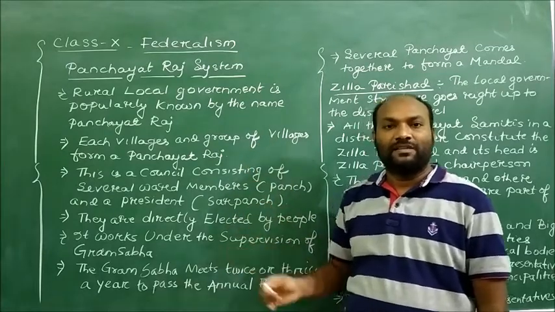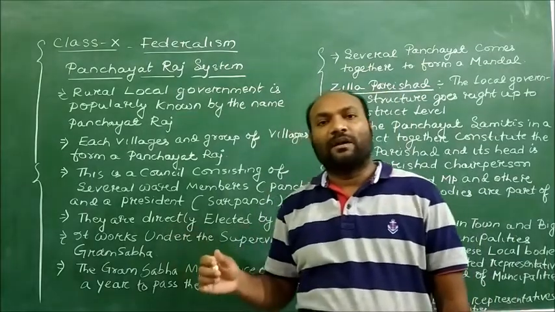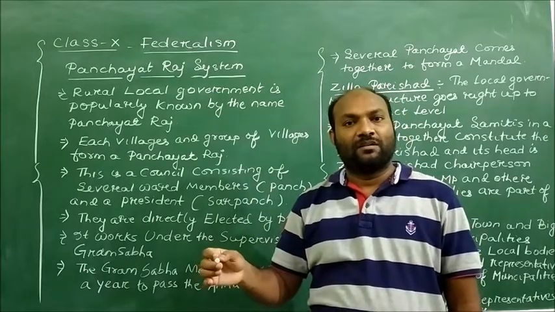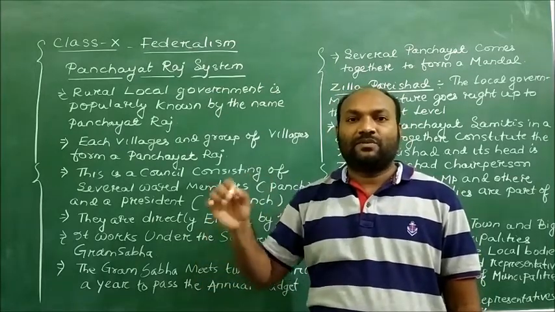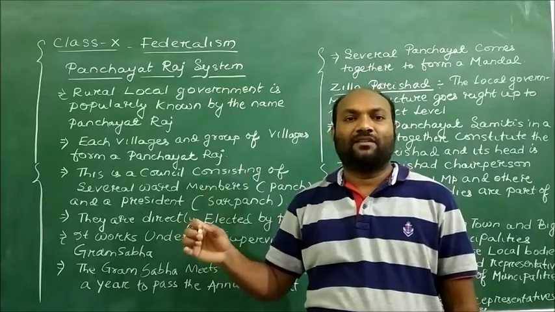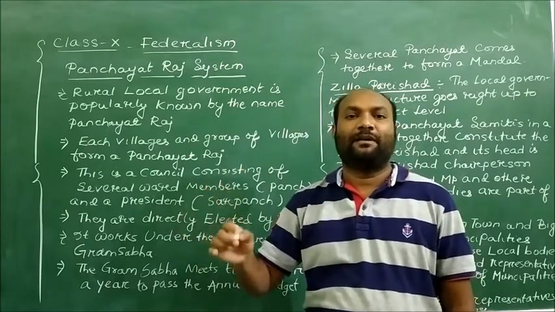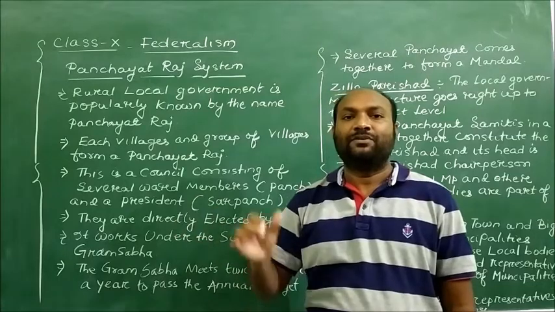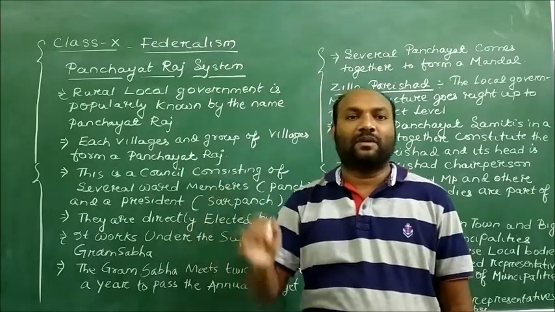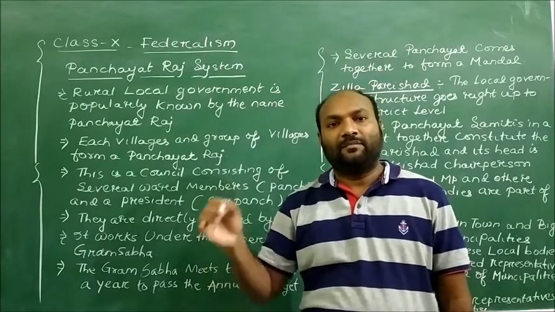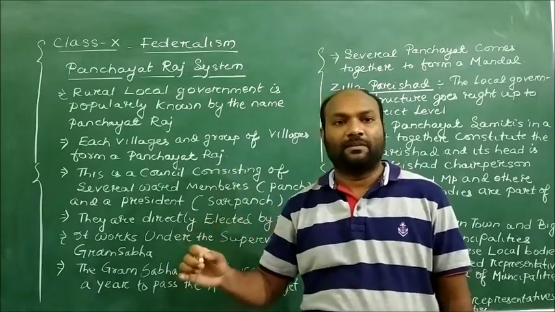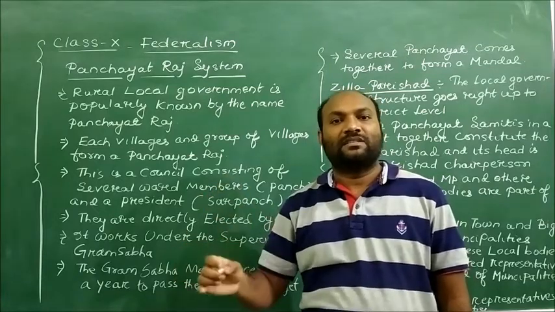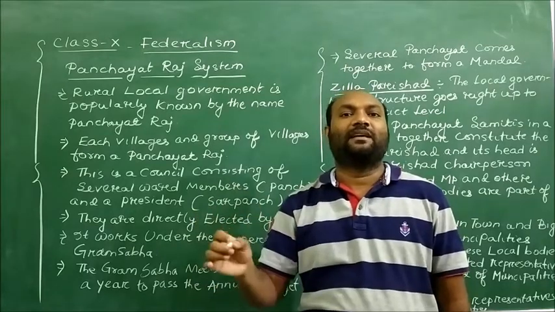Because my dear children, yesterday I was telling you about the importance of decentralization in India. Since Indian society is very large, and the Indian states are very big and diverse in nature, decentralization was made in order to make the administrative system more effective and at the same time to involve all the citizens actively in the process of decision making.